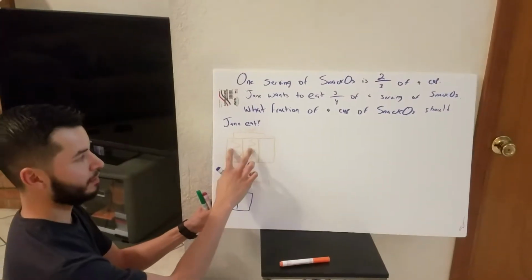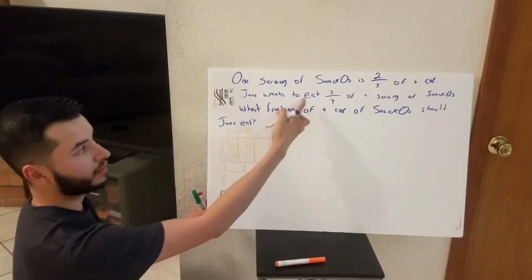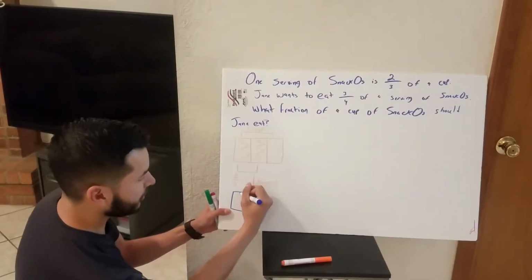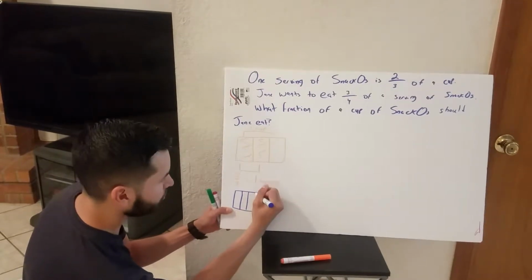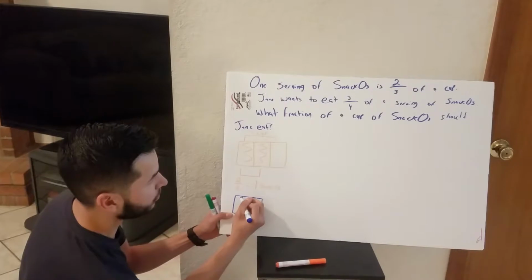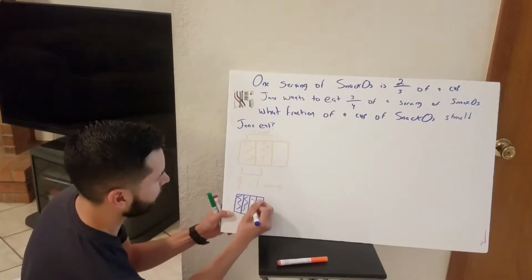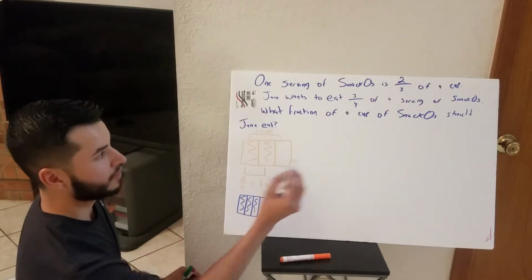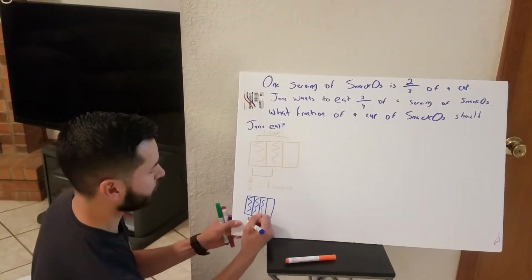This is the same as this because it's a serving, and Jane wants to eat 3/4 of this serving. So we could turn this into fourths by cutting the halves into 2, meaning they're in fourths now, and she wants to eat 3/4 of this. So let's go ahead and draw it like that. 3/4 of a serving of Snackos, okay? So this is 3/4 of a serving.